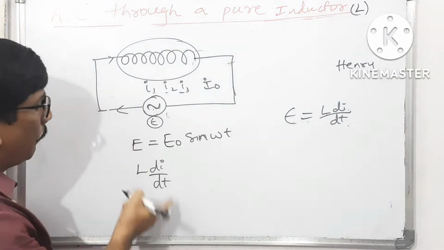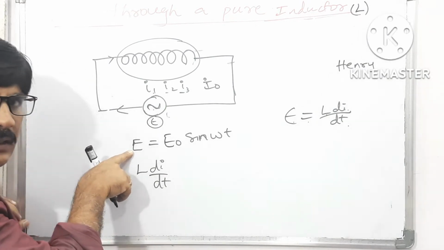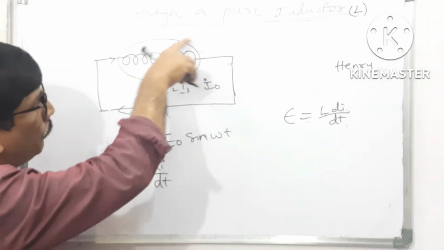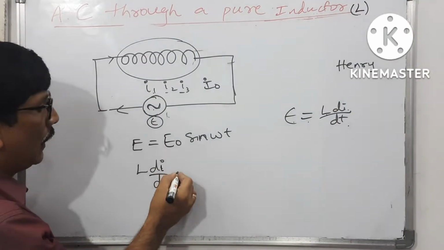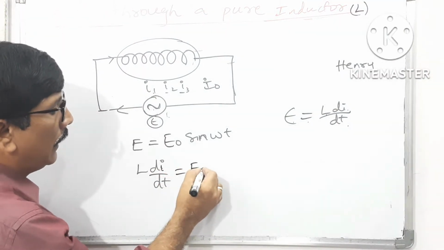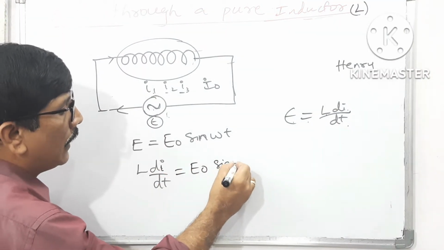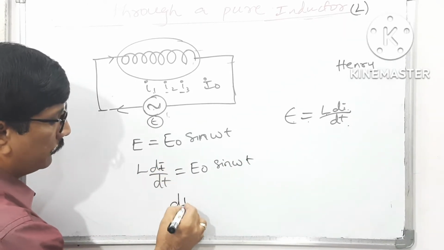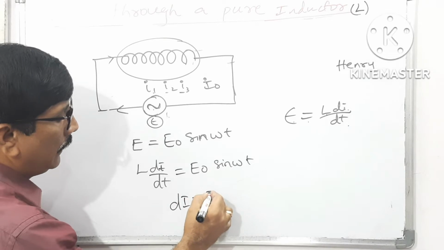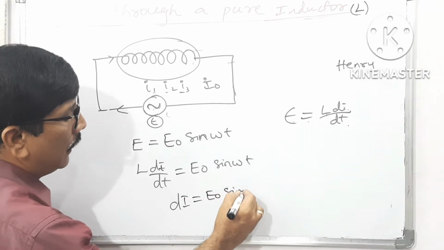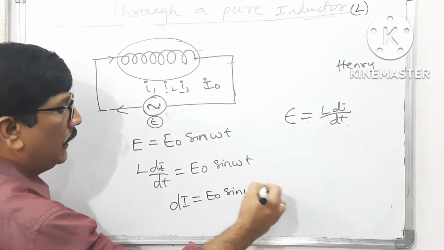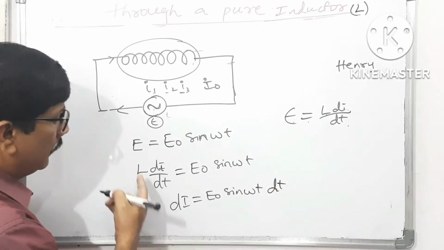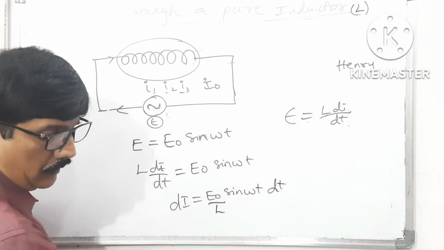So in the place of the instantaneous electromotive force in the pure inductor circuit, I am writing L di by dt, and E naught sin omega t as it is. Just write di as it is, and E naught sin omega t as it is; dt becomes the numerator and L becomes the denominator.